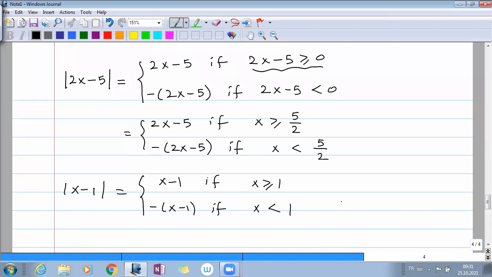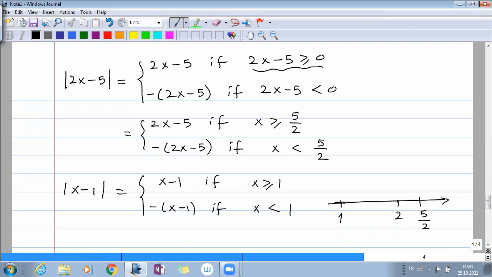Now, for the first absolute value, the breaking point is 5/2, and for the second absolute value, the breaking point is 1. And I'm looking at the limit at 2. So I need to take an interval around the point 2.